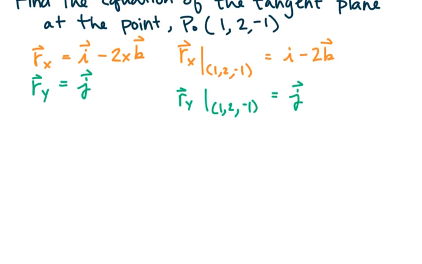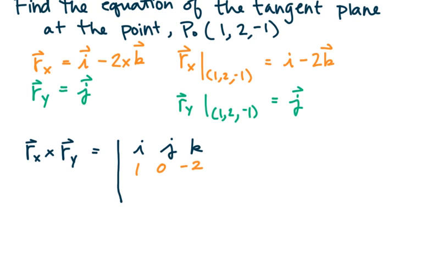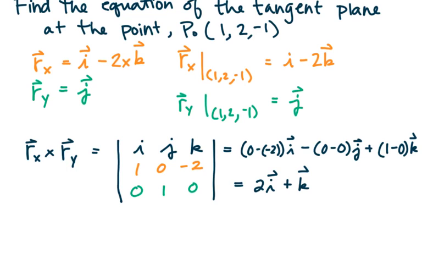So finding that cross product, r sub x cross r sub y, will be the determinant of this matrix ijk. I have 1, 0, -2, and 0, 1, 0, which gives us this. So we end up with 2i plus 1k.